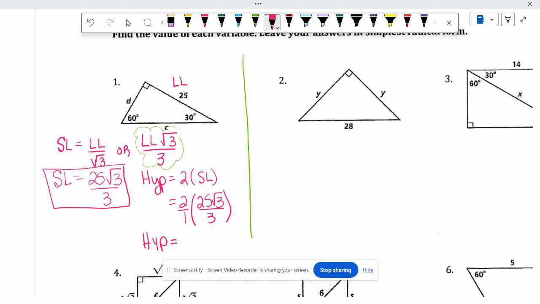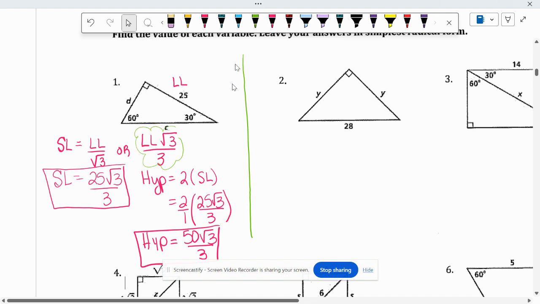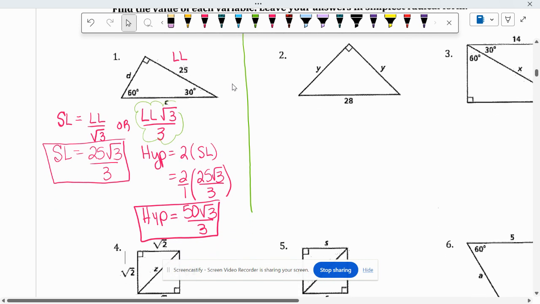Well, what's 2 times 25? 50. So 50 root 3. And 1 times 3 is just 3. Okay, so we just leave it like that. We don't try to simplify that. You're going to get repeating decimals and just all kinds of mess. You don't want to do that.